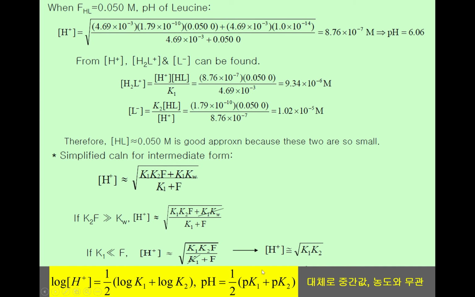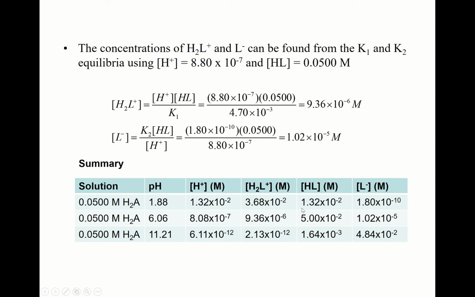So I stress again that we can make a first approximation by equating the equilibrium concentration to the formal concentration, and in the second approximation we can go further, and we reach this very simplified equation.